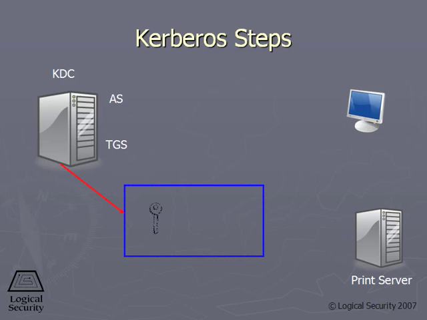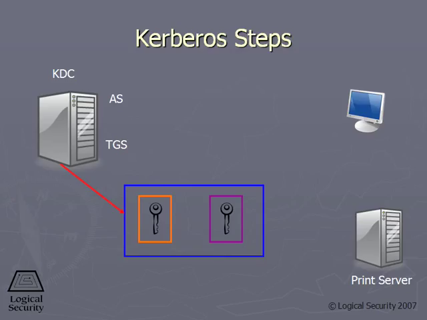Now, one key is encrypted with my secret key, and the other session key is encrypted with the other principal's secret key. So we have one session key that's encrypted with my secret key, and another session key that's encrypted with the print server's secret key.